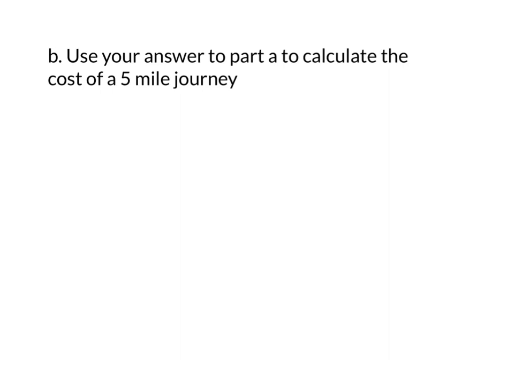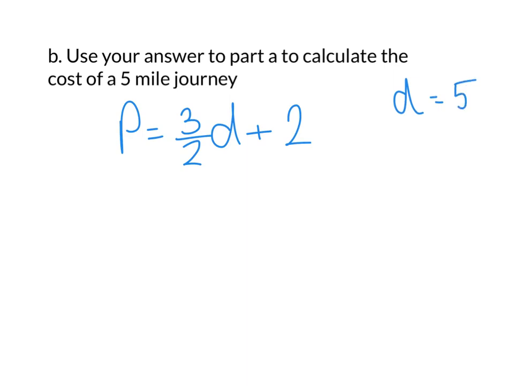So our formula for part A was our price was 3 over 2 times our distance plus 2. Okay, so our distance in this case is going to be replaced with the number 5. So our price is 3 over 2 times 5 plus 2.